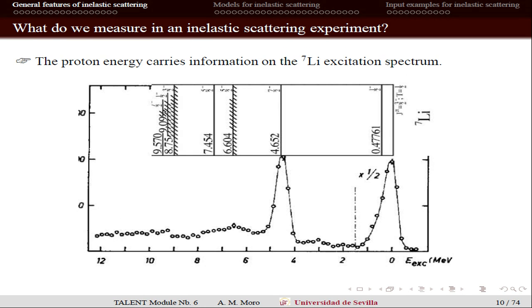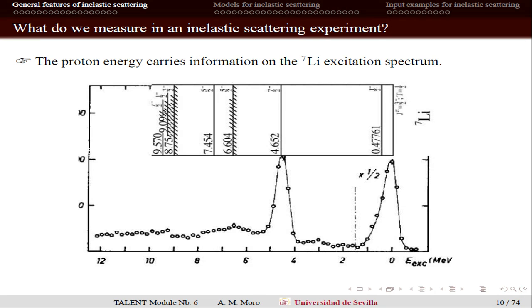And then we have this peak that, according to our level spectrum, corresponds to this 7/2 minus. This is actually a resonance because the continuum in lithium-7 starts somewhere here, actually at this line. So everything above this line corresponds to continuum levels.